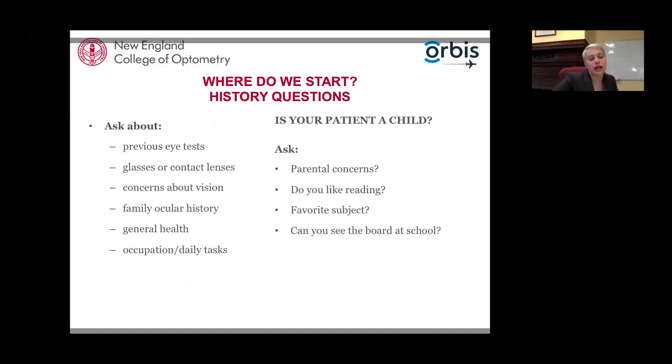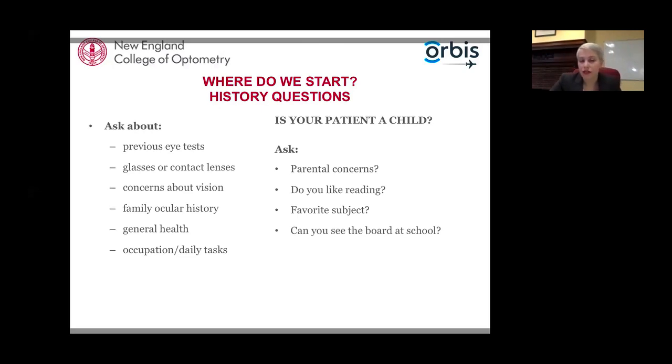So we want to first start by asking the patient important health and visual questions. We're going to ask if they've had an eye test before, if they have or own glasses, if they have worn contact lenses, if they have any concerns about their vision, if they have anyone in the family that has any visual history, if their general health is pretty good.